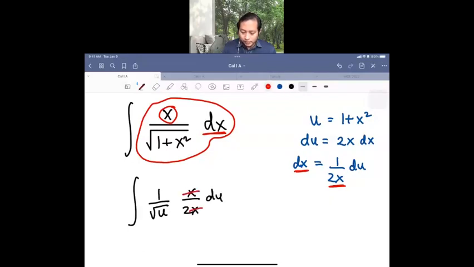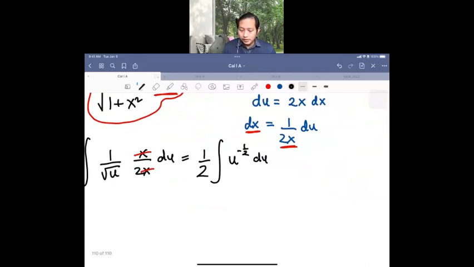And we can cancel this, so we can factorize half outside because of the constant, and this is just the integration of 1 over square root of u, or we can write in terms of u to the negative half du. Now we can solve the integrations.